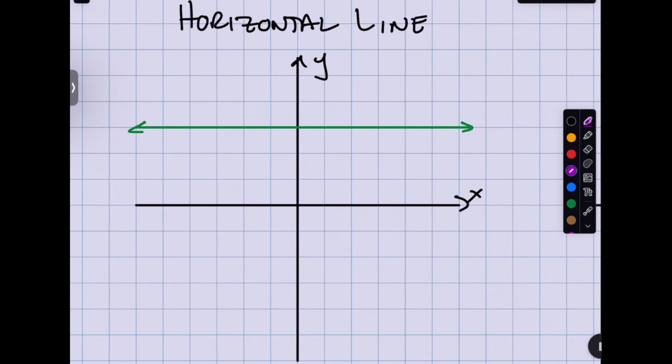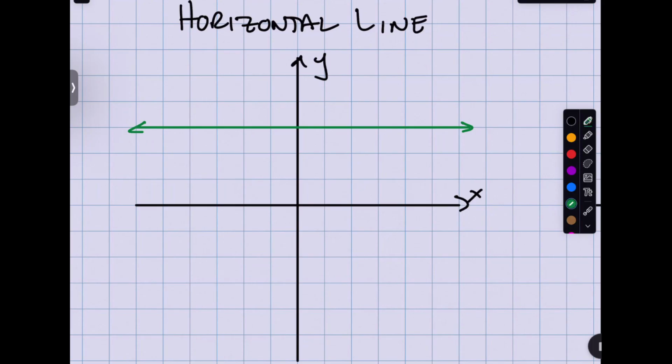Is it y equals because it crosses the y-axis, or is it x equals because it's parallel with the x-axis? And what I'm about to tell you is that you don't need to remember it. Because the simple act of just plotting 2 points, you're going to know for sure what it is.